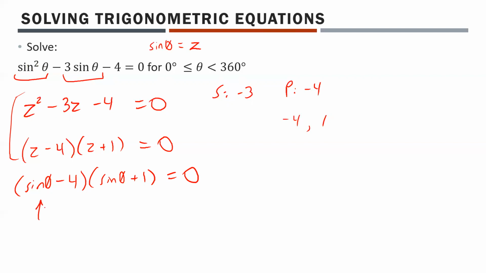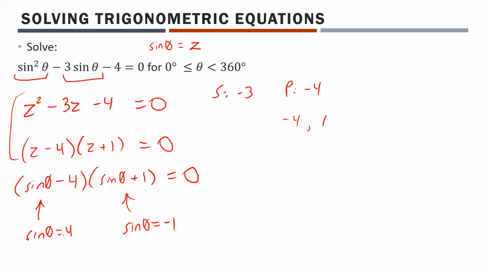Anyway, long story short, for this to be equal to 0, either this piece has to be 0 or this piece has to be 0. For this factor, we'd have to say that sine theta equals 4. And for this one, we'd have to say that sine theta equals -1. Now, right off the bat, I don't even have to do any calculations. I can tell you that this one right here is garbage. And that's because I know that sine only has a range between -1 and +1.